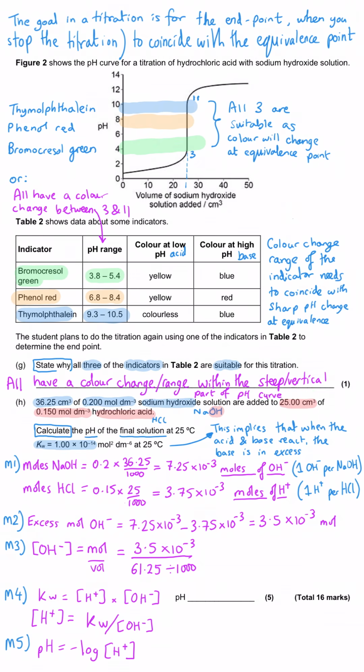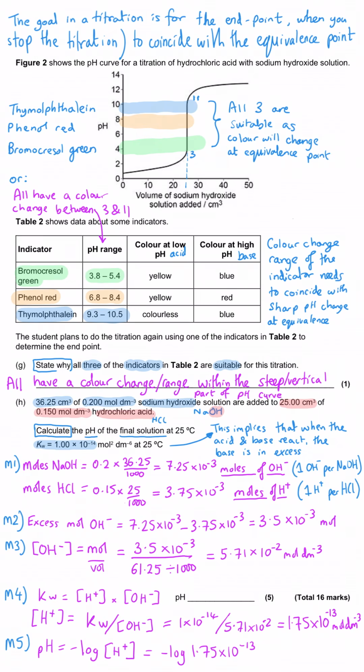It's going to spread out over all of that. And that gets us a hydroxide ion concentration of 5.71 times 10 to the minus 2. And then we plug that into our Kw expression by dividing 1 times 10 to the minus 14 by the answer that we've just got. And that gives us 1.75 times 10 to the minus 13, which is a really small number, which tells us we're going to have quite a large pH as a result of that.